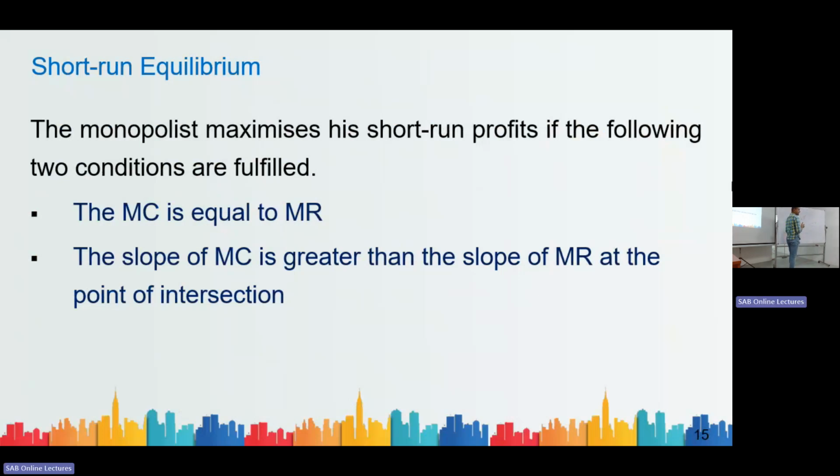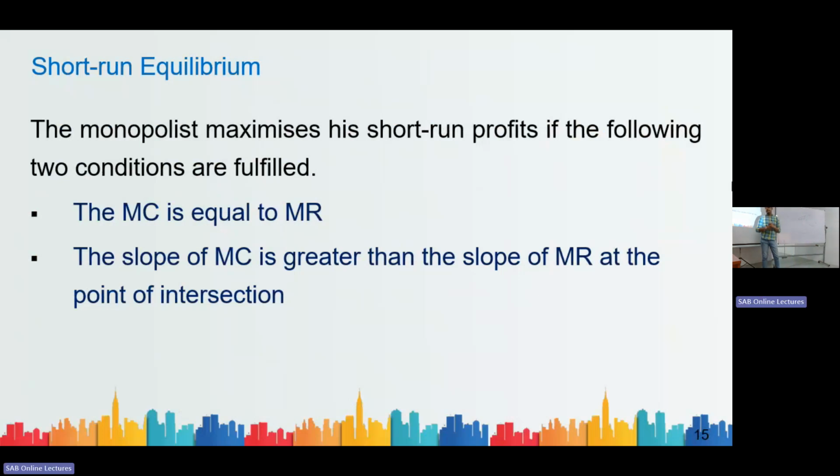So these are the differences between a perfectly competitive firm and the monopolist. Because there is only one firm in the market, we can call it monopoly or monopolist. It doesn't matter. So those are the differences. The conditions are the same, but the shape of the marginal revenue curve and the slope of the marginal revenue curve are different between a perfectly competitive firm and the monopolist.